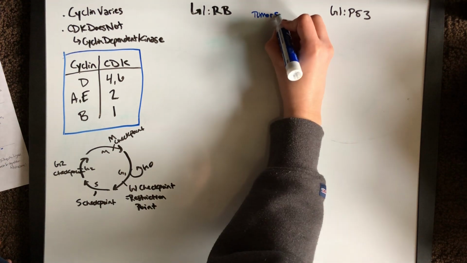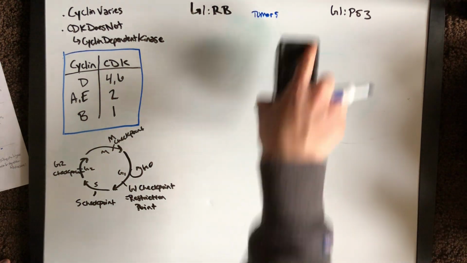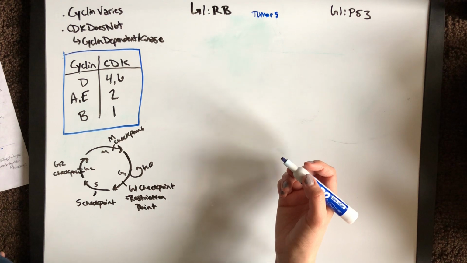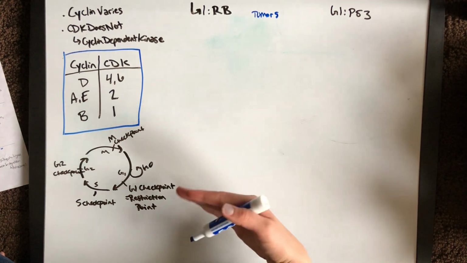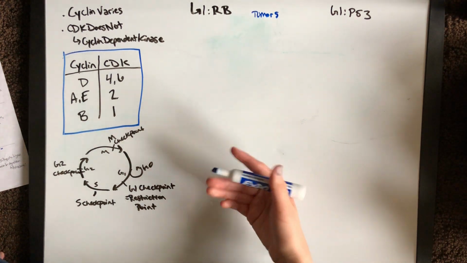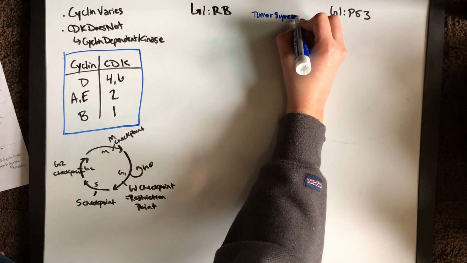So tumor suppressor proteins would like stop the cell in the cell cycle so that we can fix any damage and make sure everything's good to go so that we don't produce tumors. That's the whole point of a tumor suppressor protein.